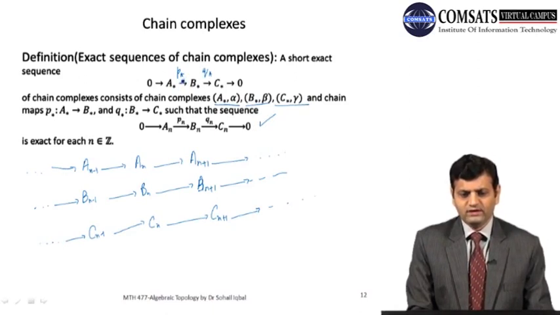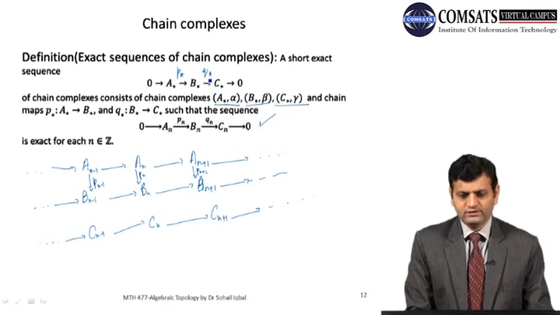We know that a chain map gives a homomorphism for each n. In other words, I have Pn minus 1, Pn, Pn plus 1, and so on. Similarly, I have a chain map from B star to C star. So for each n, I have a homomorphism: from Bn minus 1 to Cn minus 1, I have Qn minus 1. From Bn to Cn, I have Qn. From Bn plus 1 to Cn plus 1, I have Qn plus 1, and so on.